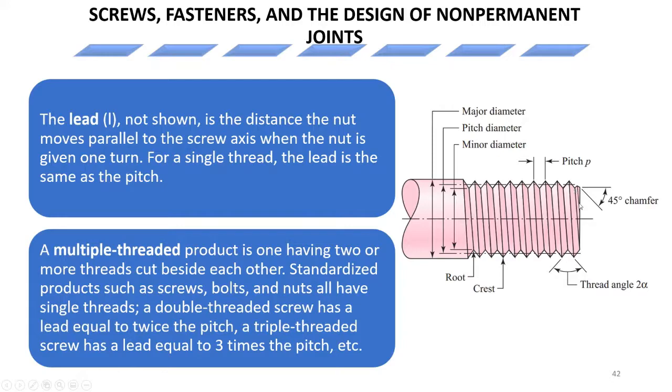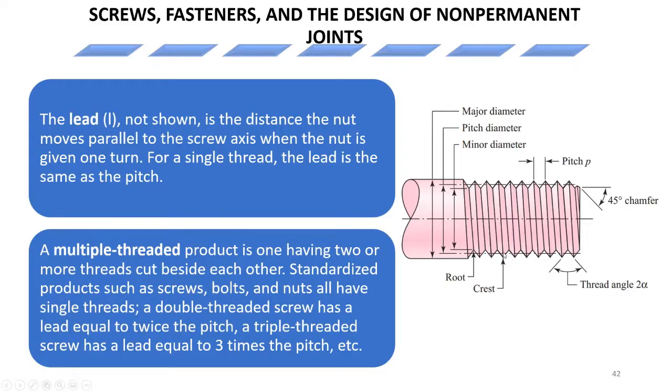This is a single threaded element, so the lead is equal to the pitch of the thread. When you turn the nut or the bolt in one complete revolution, the translation along the thread is going to be equal to the pitch of the thread.